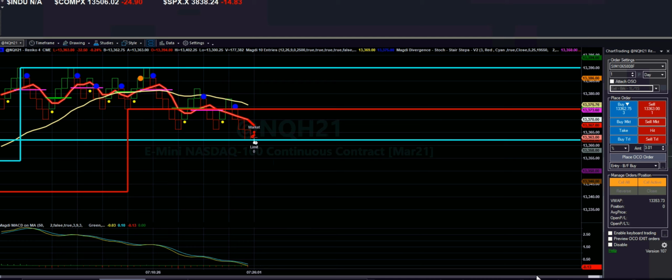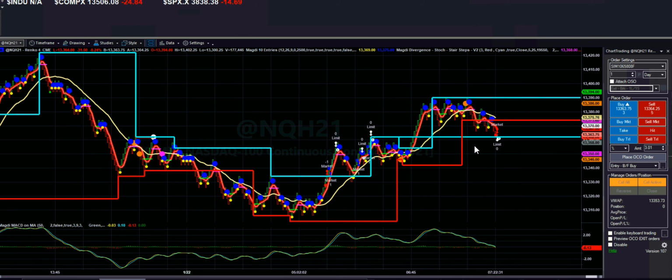Every line of those, the support became resistance, and the resistance became support. So if the price is dropped below your support line, that means it is going to become resistance after that if the price tries to go back up.